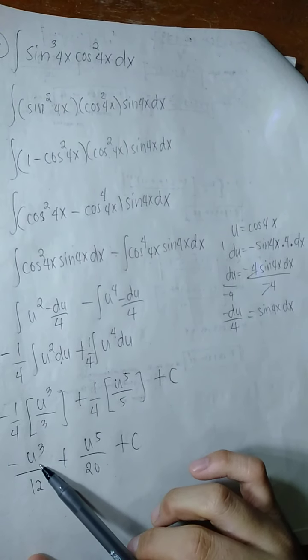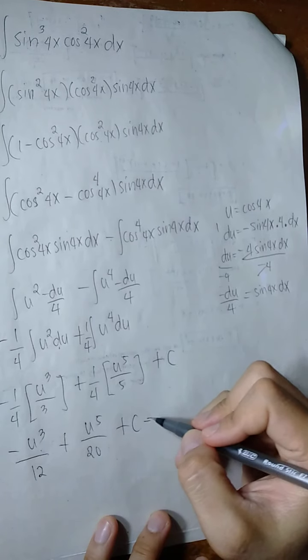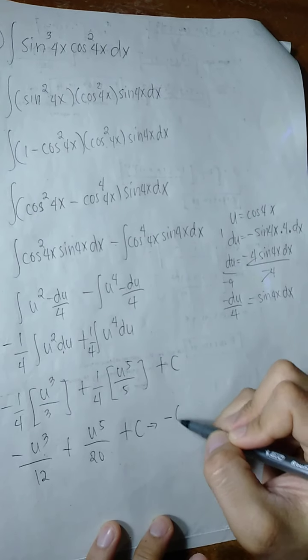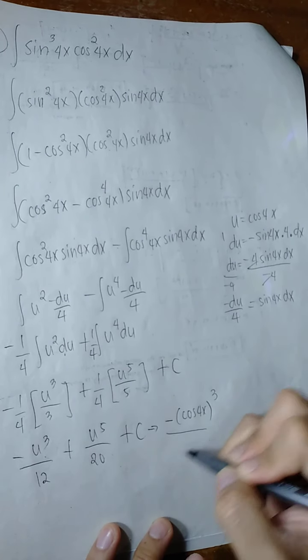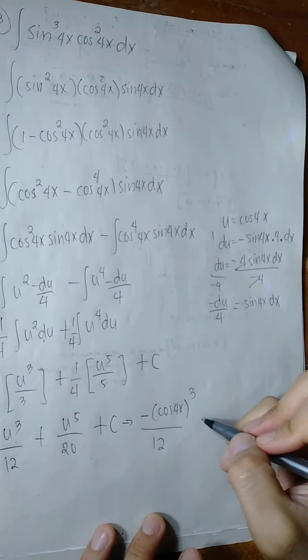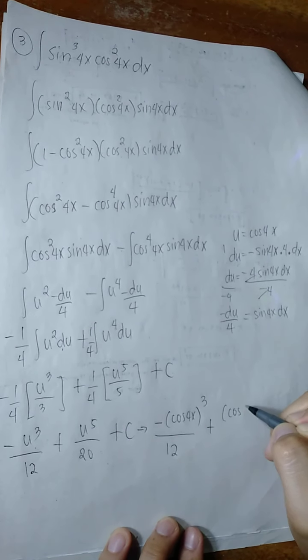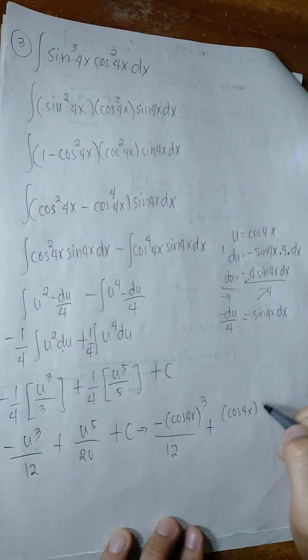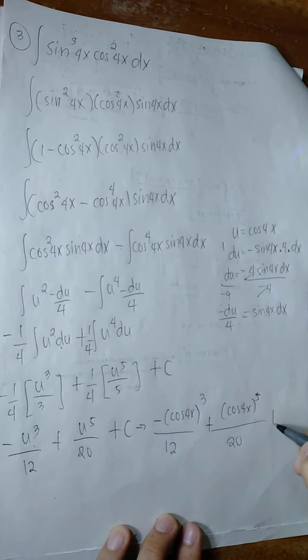Then we bring back the u, which is cosine 4x. So our final answer will be negative cosine 4x raised to the cube over 12 plus cosine 4x to the 5 over 20 plus c.